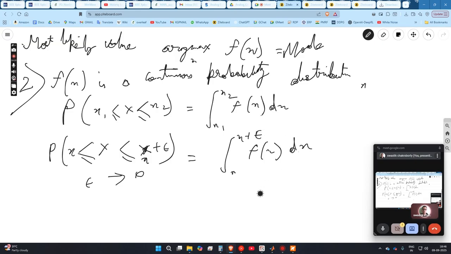Since epsilon tends to 0, the upper limit tends to the lower limit. So you are integrating between the same 2 points, which will always give you 0. So the answer is always 0. The answer is option A.